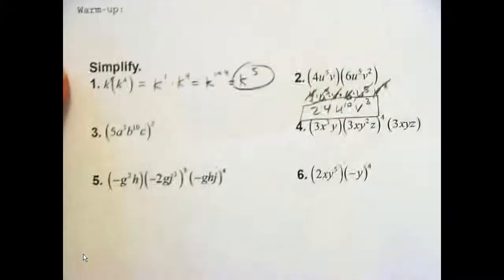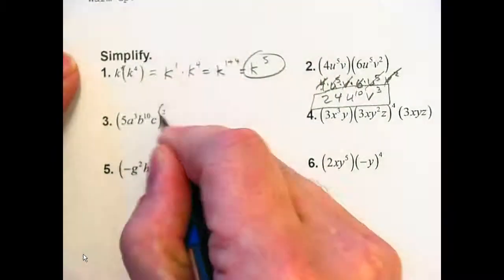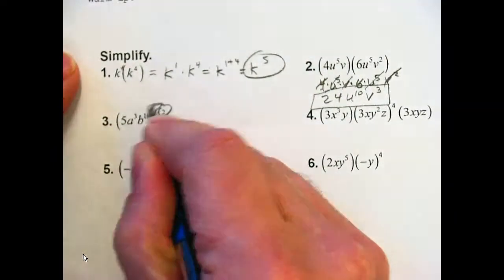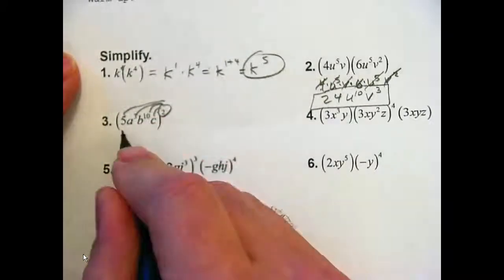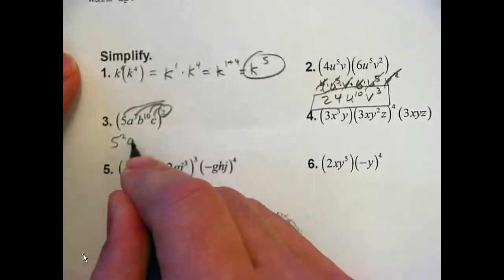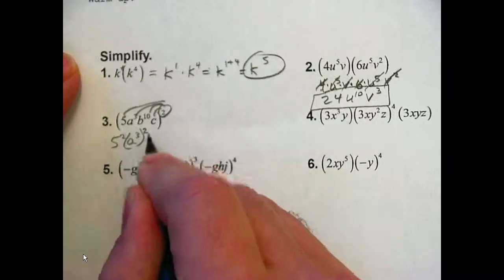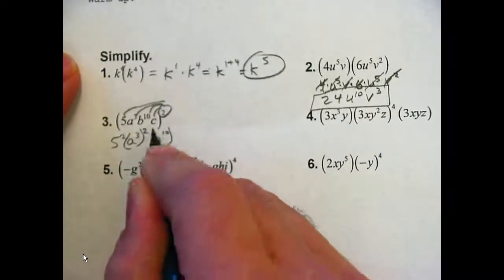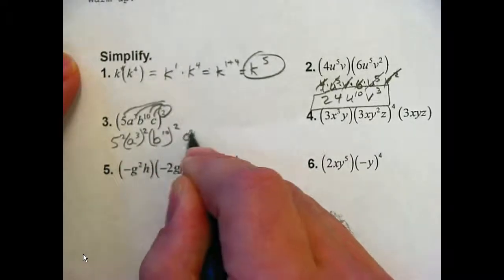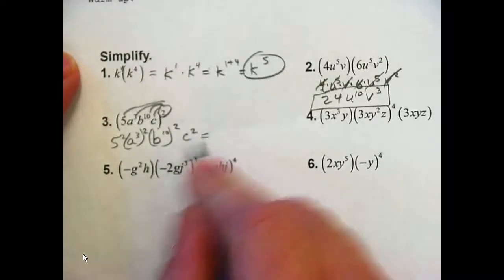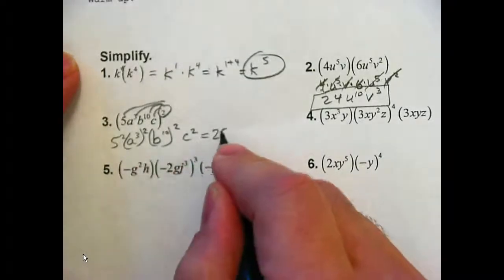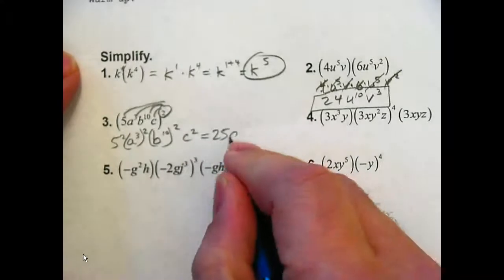All right. Here we go. We bring the 2 in. It's like distributing the 2. You bring it into all 4 parts. That's 5 squared, a cubed squared, b to the 10th squared, and c squared. So we get 5 squared is 25. A cubed squared is a to the 6th.